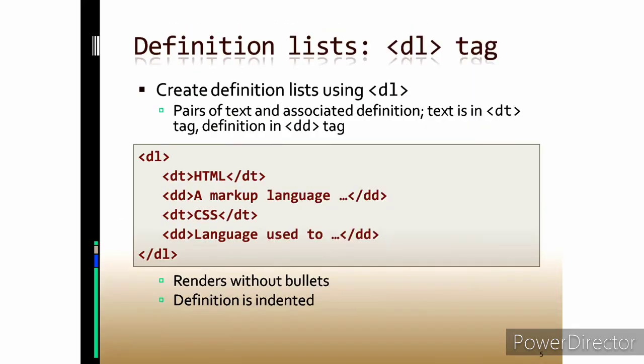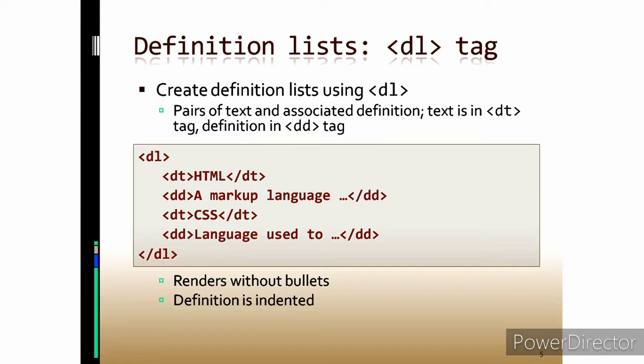Next, here I have taken an example of a list, that is the definition list also. What is a definition list? It is again a creation of a list. With the help of DL we create a definition list, a pair of text and associated definition.